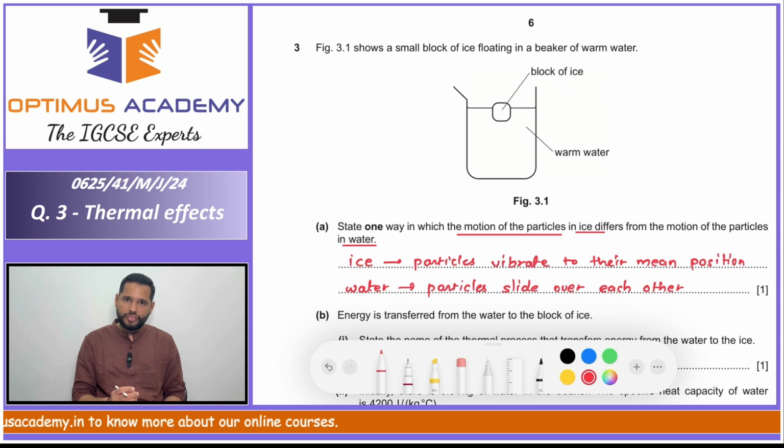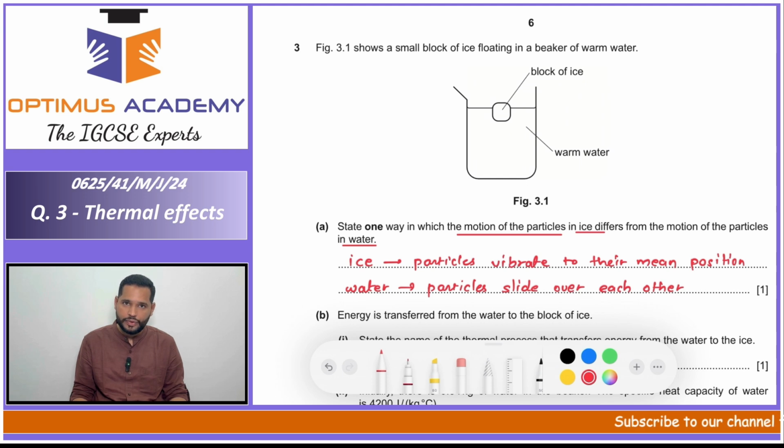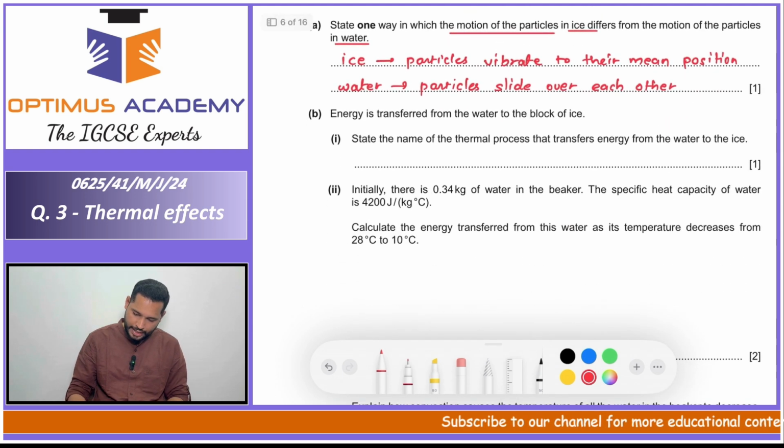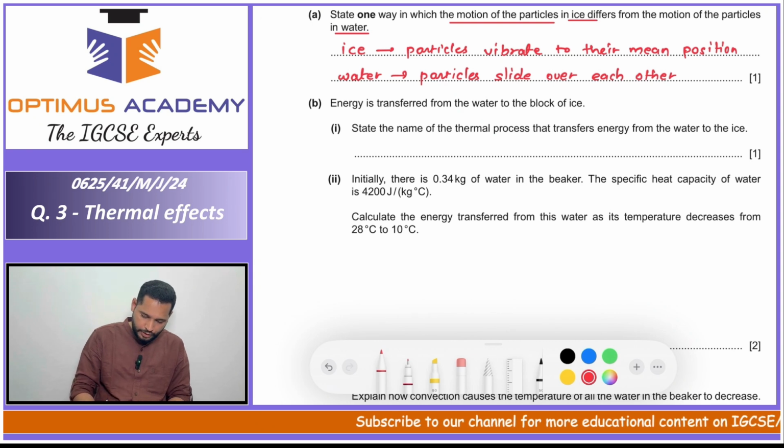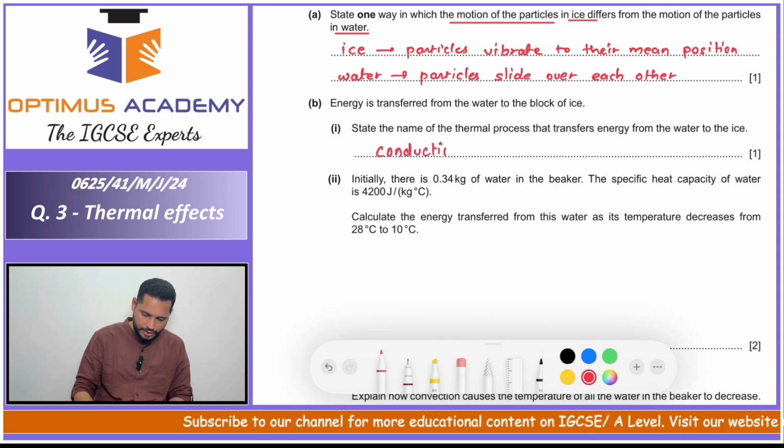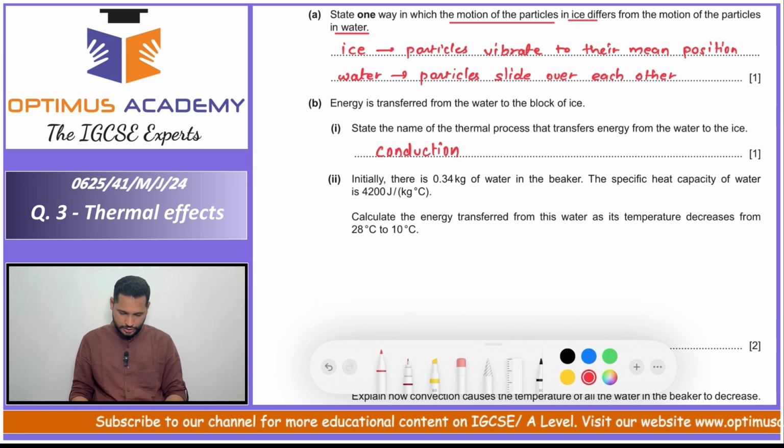Remember that out of the three processes of thermal energy transfer, that is conduction, convection and radiation, conduction takes place when two particles are in contact with each other, irrespective of their state. So here, since water and ice are in contact with each other, the energy transfer between them is going to be by the process of conduction.